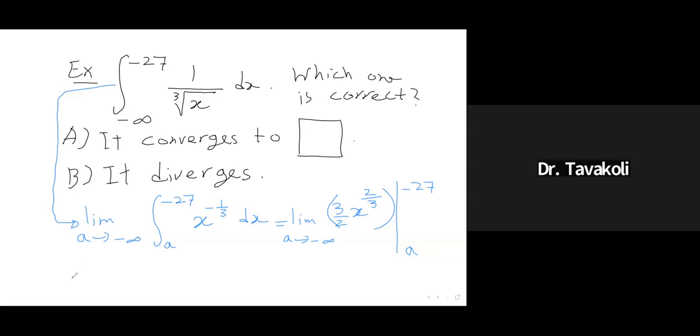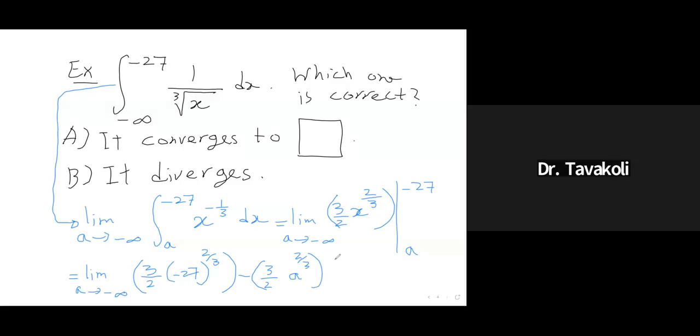Okay, so the limit as a tends to minus infinity. This function when x is minus 27 is 3/2 times minus 27 to the power of 2/3, minus the same function evaluated at a, 3/2 a to the power of 2/3.